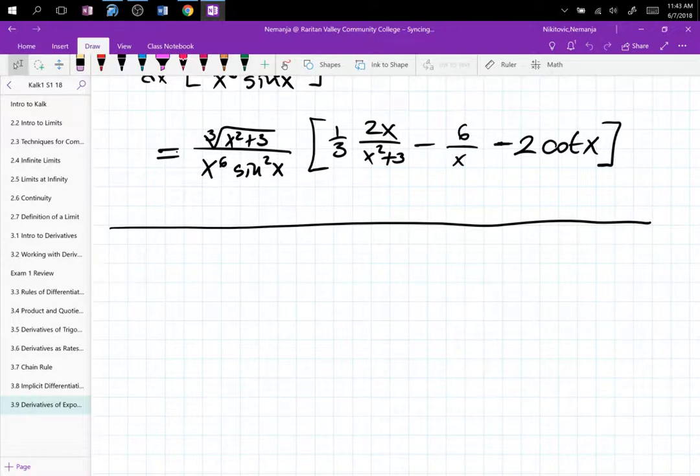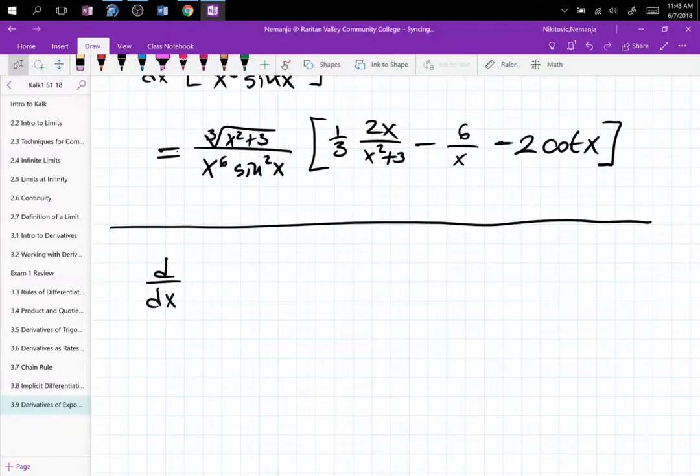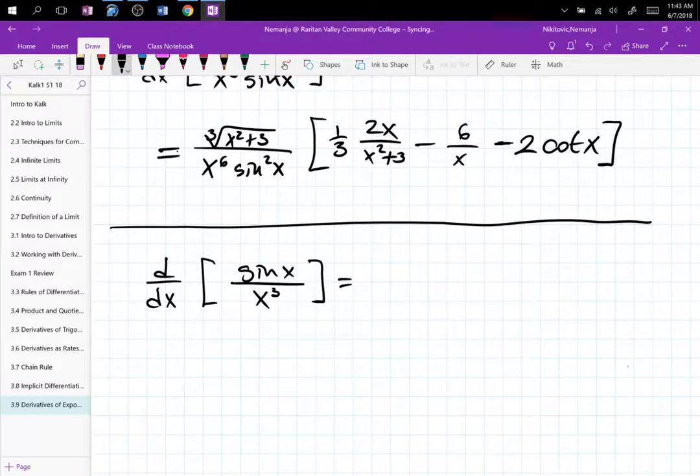So let's do something simple to just get used to this stuff. How about sine x over x cubed? I know you're supposed to do quotient rule, but yeah. Right, this is the question.